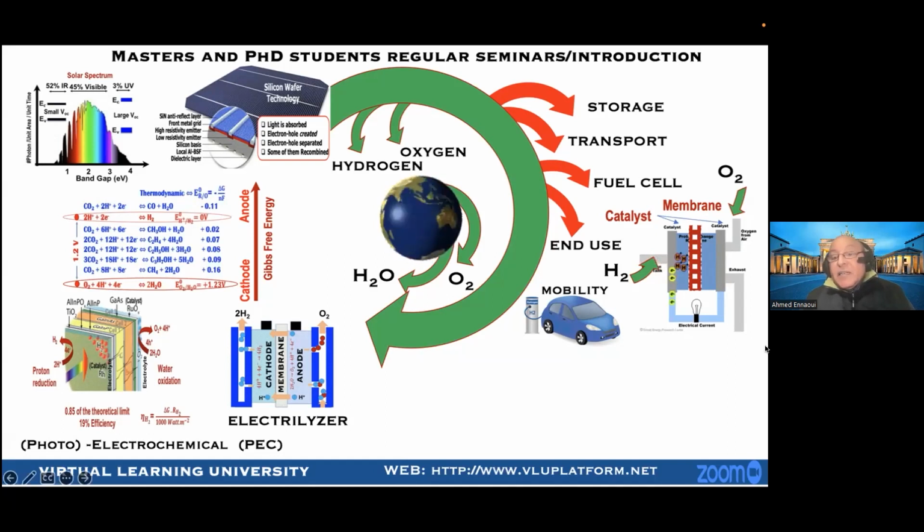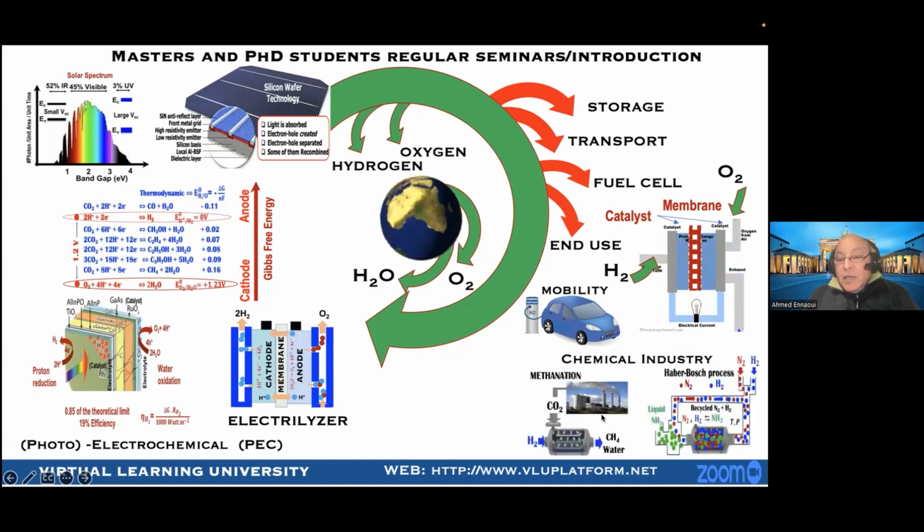And we use other technology or other innovative ideas to produce electricity, for example, a fuel cell. And there are also other end uses, like mobility or a hydrogen car.